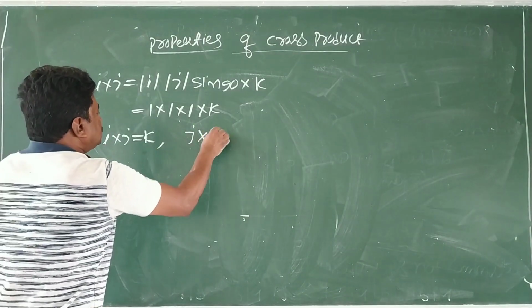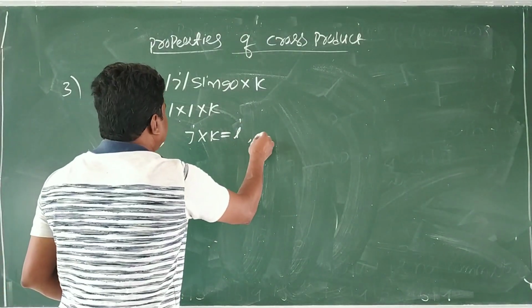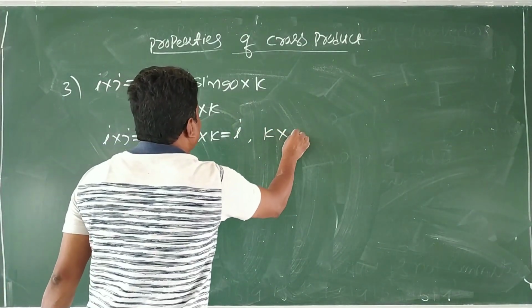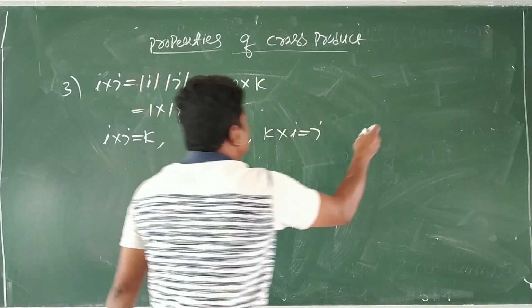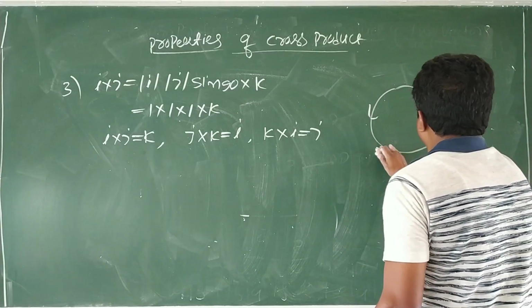Similarly, J cross K is equal to I. Similarly, K cross I is equal to J. It is just like a cyclic order.